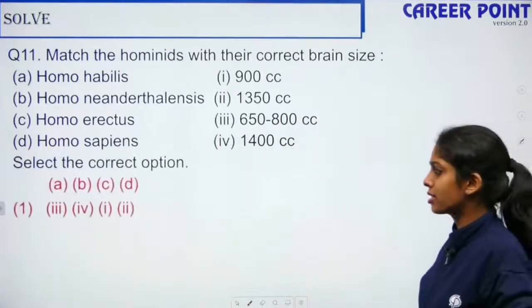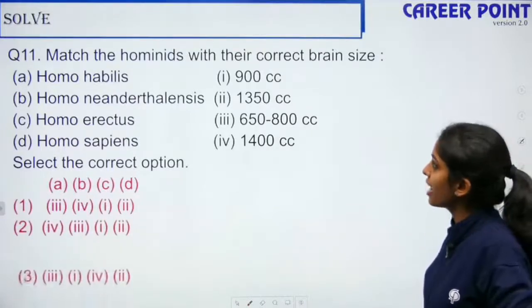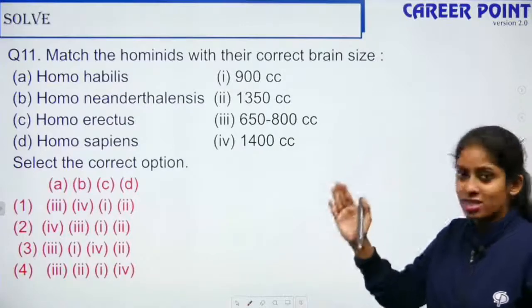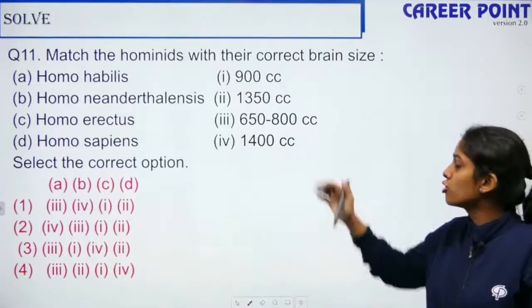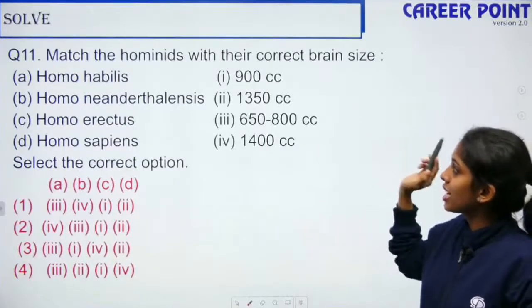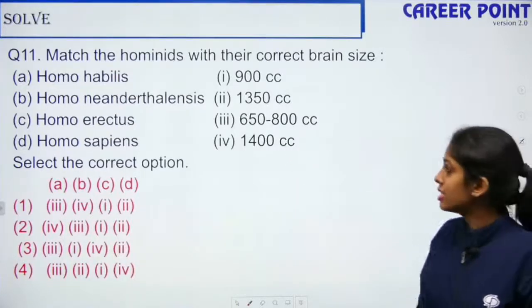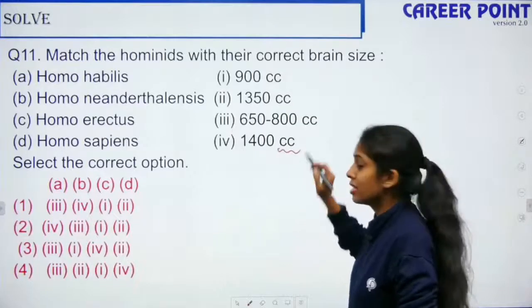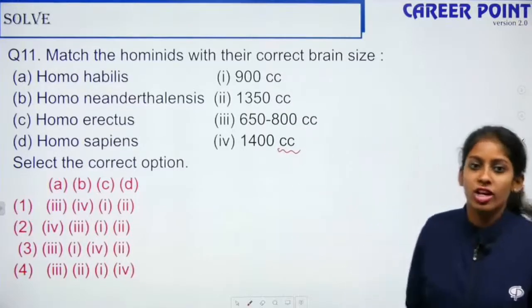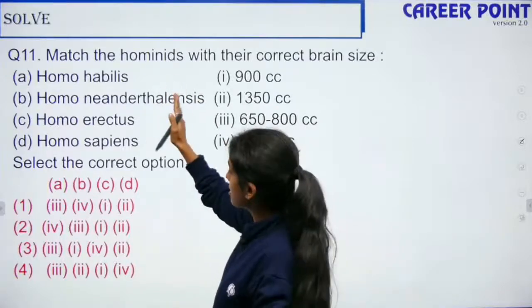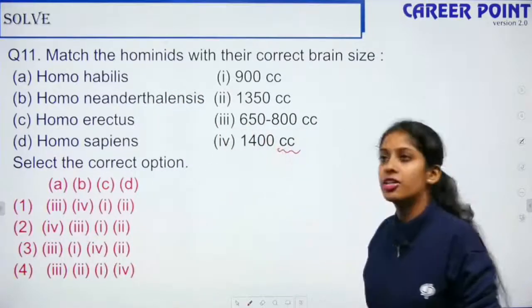Yes, what is the right answer? This might be a bit confusing and tricky. But if you know who came first, then you know the smallest size belongs to them. Here the maximum size is 1400 cc, cubic centimeter. Homo sapiens are the highest or the most complex species, so they have 1400 cc.